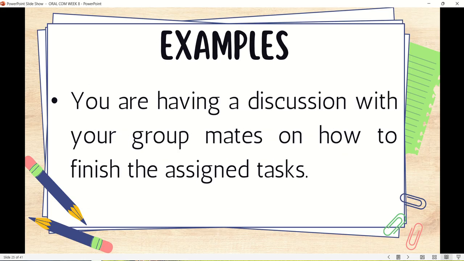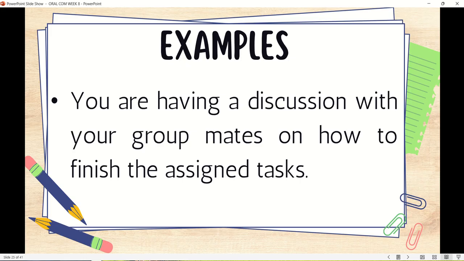Second one, you're having a discussion with your group mates on how to finish the assigned task. The people involved here are you and your group mates. Usually, in groupings, each group consists of not more than 10 members. That is why it is considered a small group.